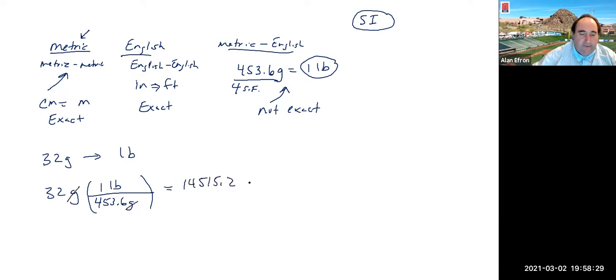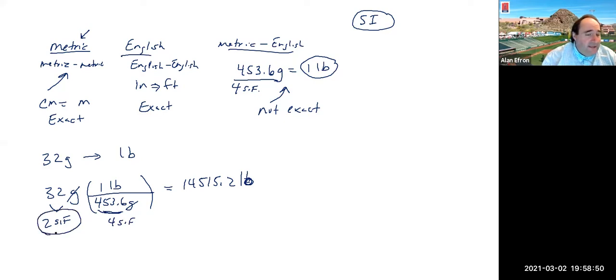Grams would cancel, leaving pounds. Significant figure wise, 32 has 2 significant figures, and technically this conversion number has 4. So by default, it still ends up being this number.